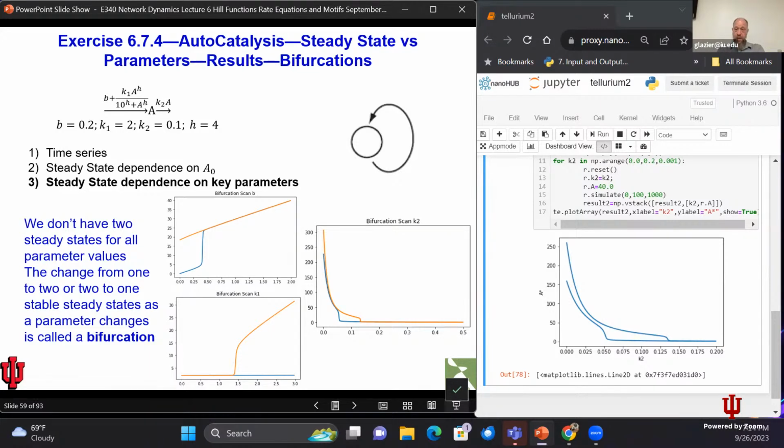With K1, when K1 is small, I only get a low value, and when K1 is big, I get a high value and a low value. For K2, if K2 is small, I only get a high value. If it's intermediate, I get a high value and a low value. And if it's high, I only get a low value. So I see three different patterns of behavior as I change a parameter.